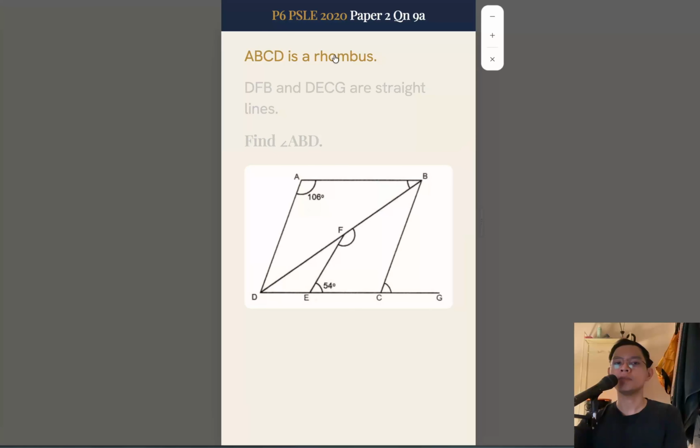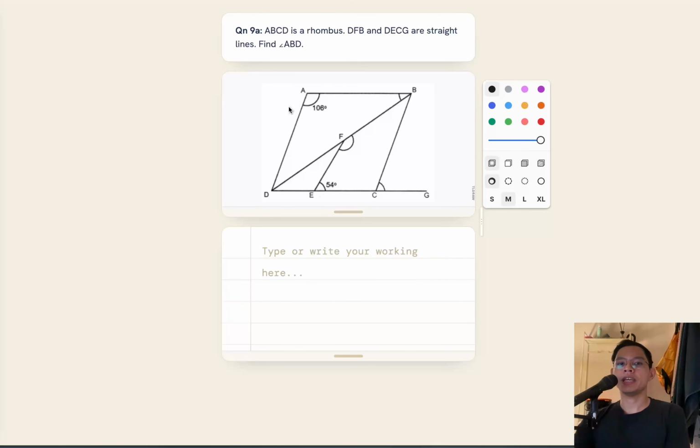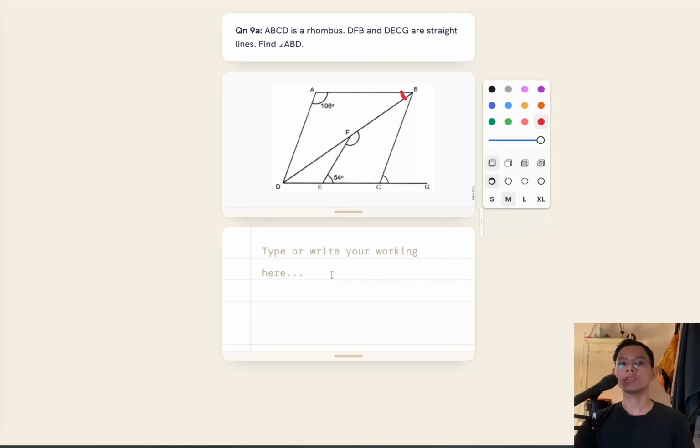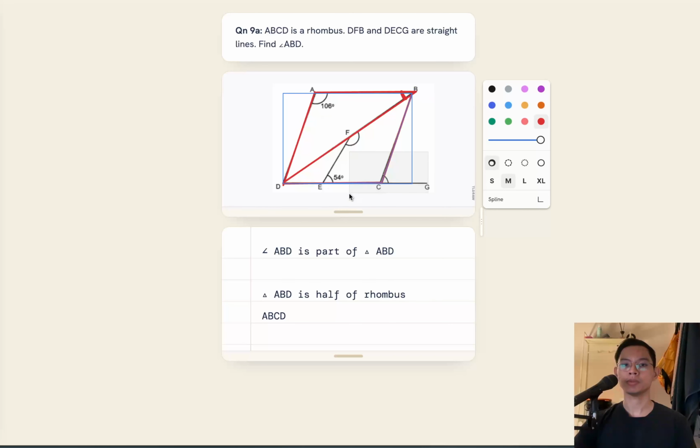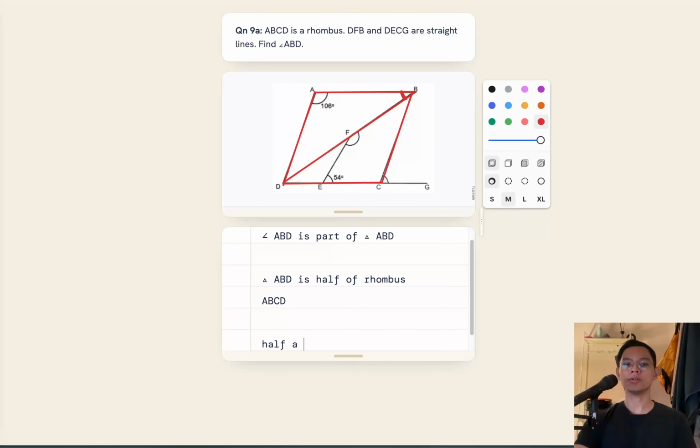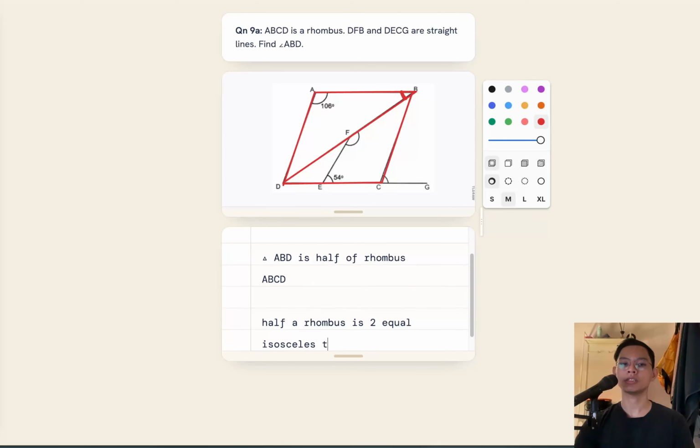Question 9, part A. ABCD is a rhombus. DFB and DECG are straight lines. Find angle ABD. Angle ABD, this red angle over here. Since angle ABD is part of triangle ABD, this one over here, and triangle ABD is basically half of rhombus ABCD, half a rhombus is an isosceles triangle.